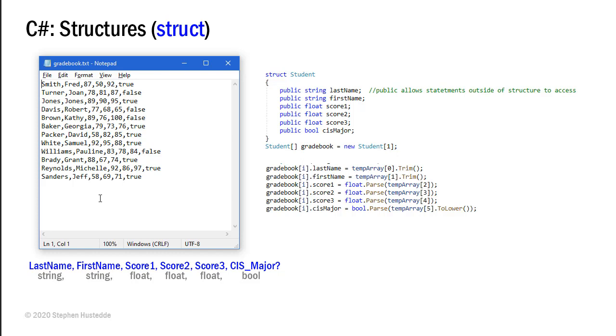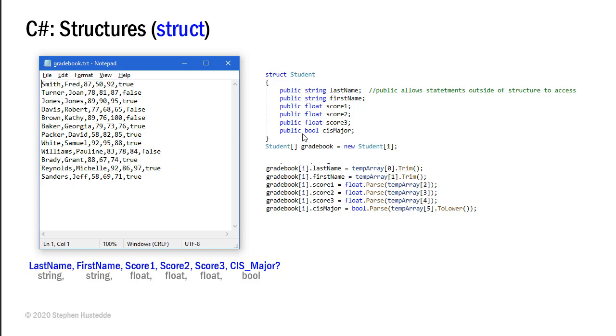But then in my code, when I want to access the different elements of that array gradebook, I can reference gradebook and the element, and then using the dot notation, I can say dot lastName or dot firstName or dot score1 and so forth, and dot cisMajor. And I can assign values to those. I can also pull values from those. So this gives me a lot of flexibility in working with different types of data within an array.